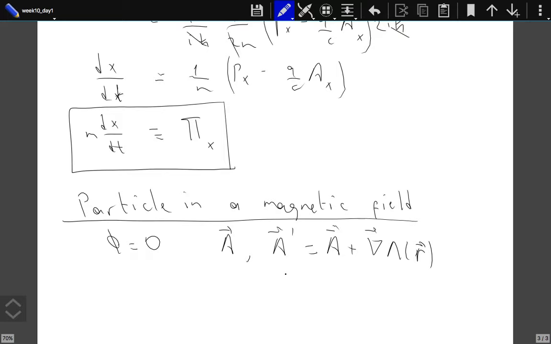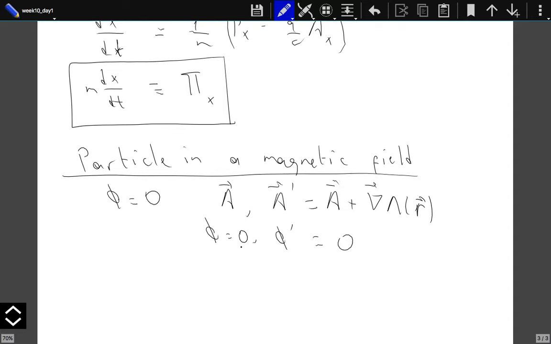So with this gauge transformation, phi, which starts to be 0, phi prime still remains 0, because this phi prime is related to phi through the time derivative of lambda. If we choose lambda time independent, the scalar potential does not change.